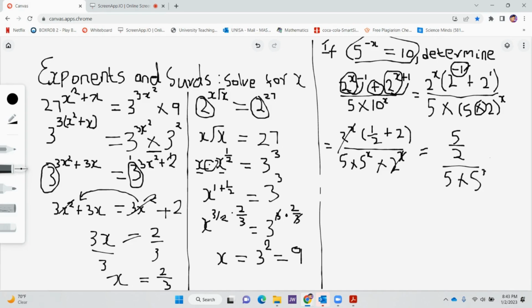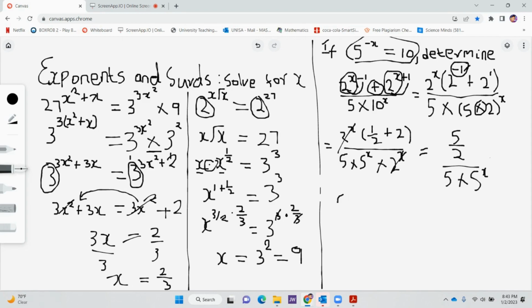But just remember, we were told that 5 to the power of minus x is equals to 10, not 5 to the power of positive x. That law of exponent 1 over. Okay, as soon as we say 1 over, then it will make it a positive, or we can just take this to the numerator. If it goes to the numerator, it's going to become a negative. All right, so that law helps us a lot.